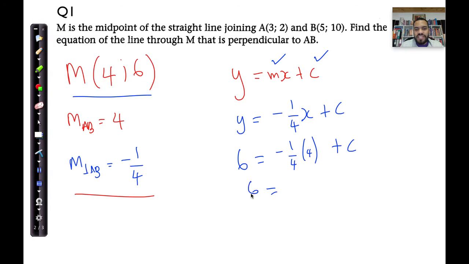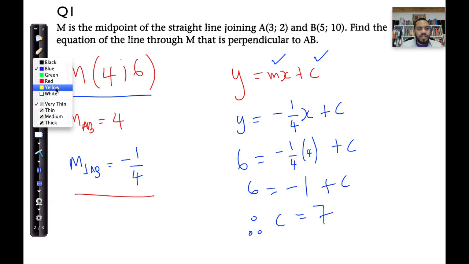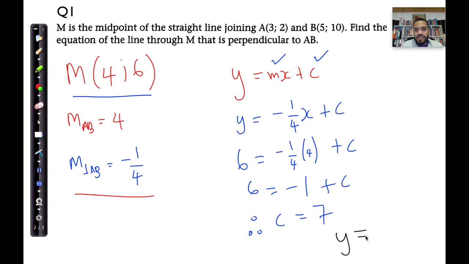That's going to give me 6 equals minus 1 because the 4's cancel with one another, and therefore I get a value of c equal to 7. And that gives me the equation of my straight line. So my final straight line is y is equal to minus 1 over 4x plus 7.